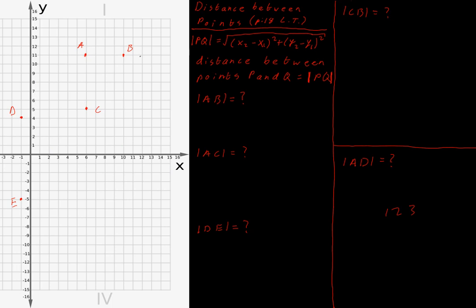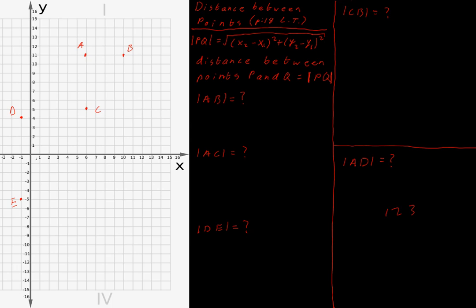Now, if we want to get the distance between 2 points, we need to know what the coordinates of those points are. So first job is, if I want to know the distance between the points A and B, I have to know where the point A is, and where the point B is.